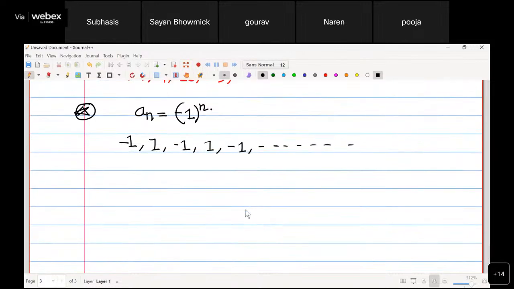My question is whether this is a subsequence of the original sequence. Yes, it is a subsequence. Correct, you're changing the n to 2n.